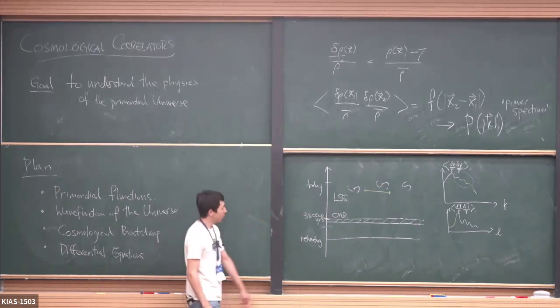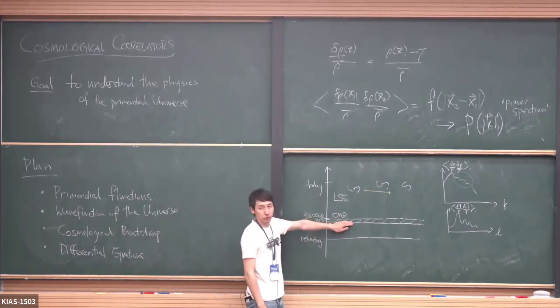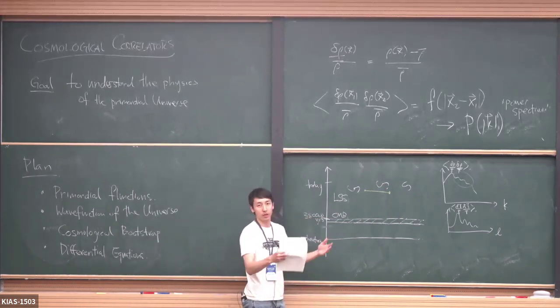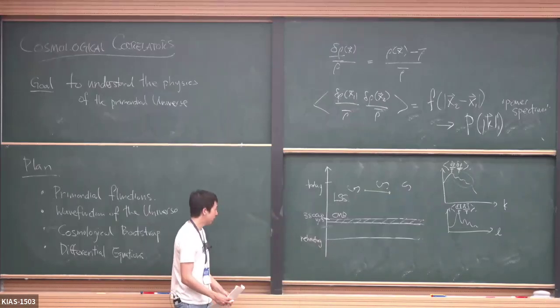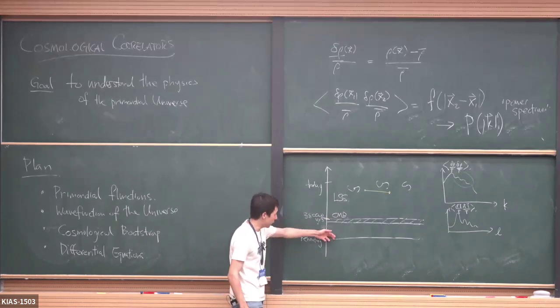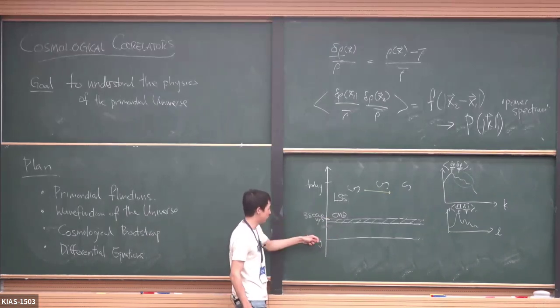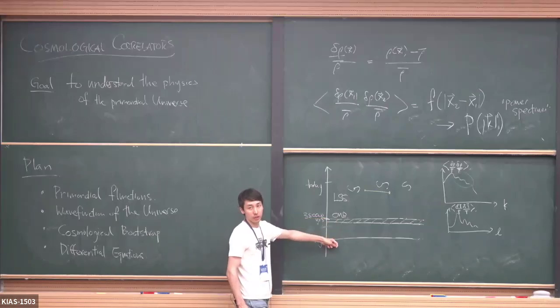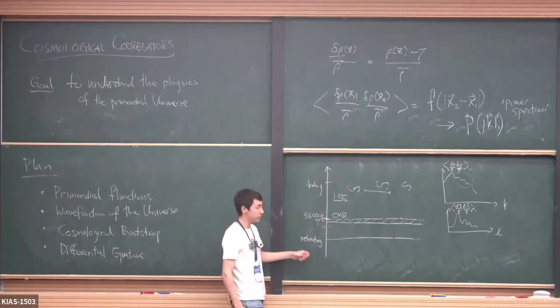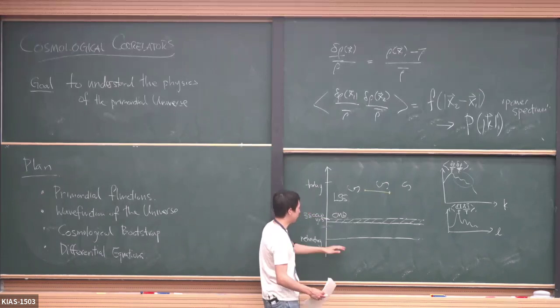Before the CMB was released, the universe consisted of thermal equilibrium radiation of standard model radiations. If you go all the way to the beginning, we'll find that the fluctuations are encoded in a spatial surface called the reheating surface.